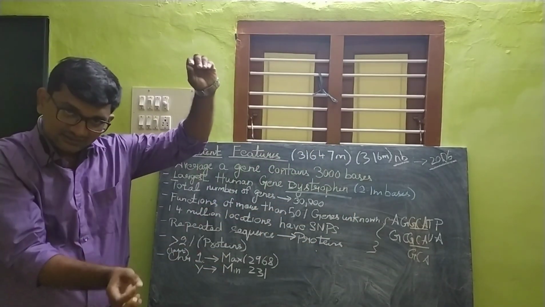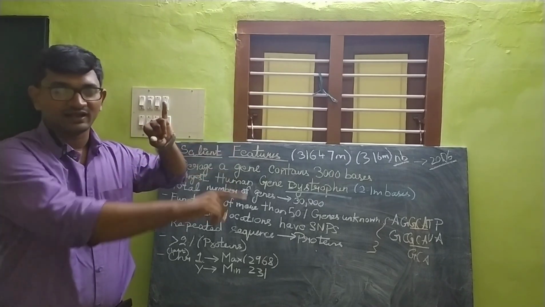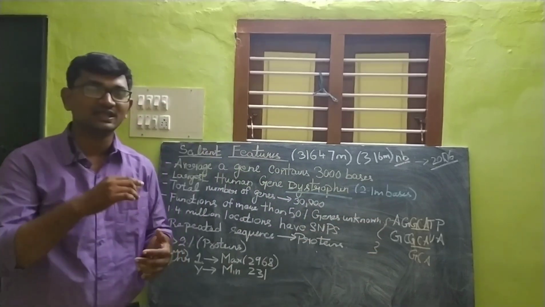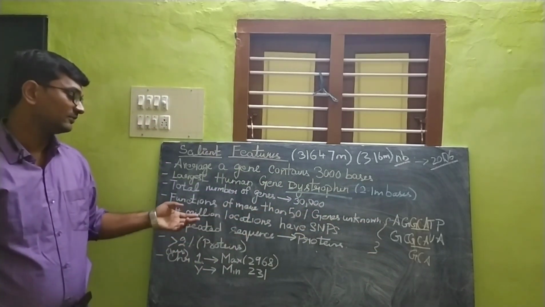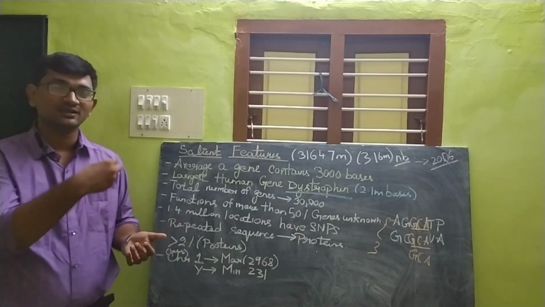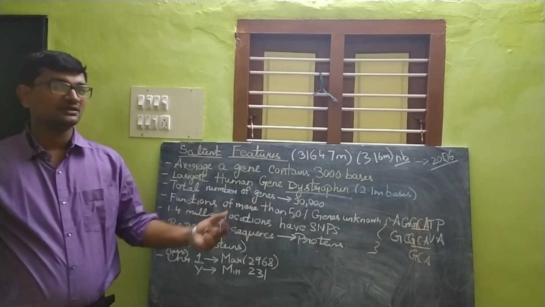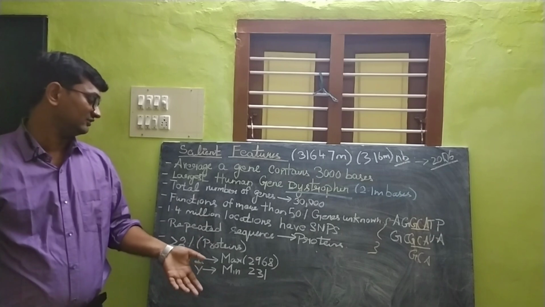That is, in the three sequences, the same sequence, guanine, cytosine and adenine, at the same position is getting repeated. So that is called single nucleotide polymorphism. So 1.4 million locations have single nucleotide polymorphism. With the help of this single nucleotide polymorphism only, they are able to deal with the ethical issues.